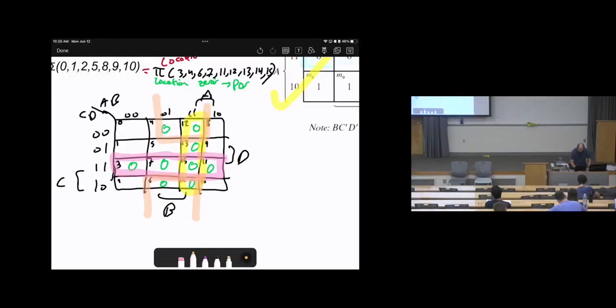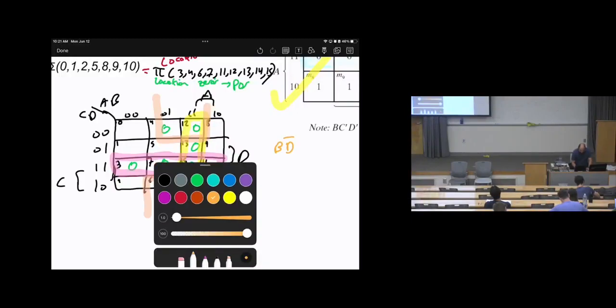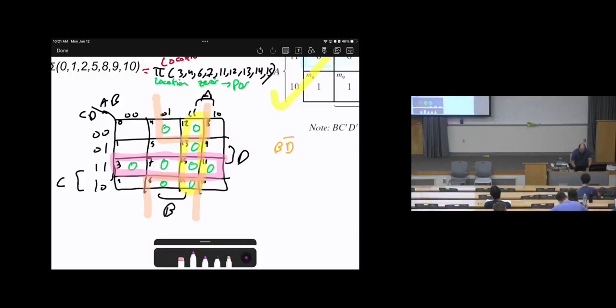The orange stands for B D bar. Then let's look at the purple or the pink. Pink includes CD. And the yellow includes AB.